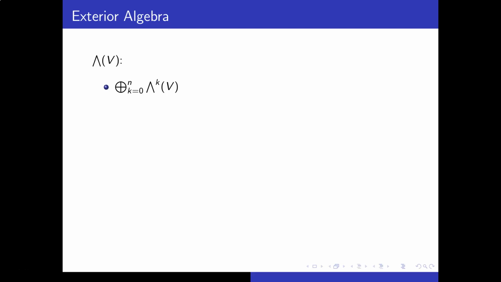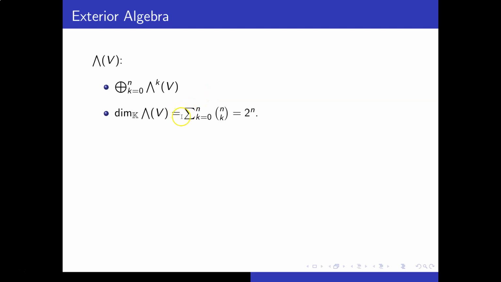Well, in particular, if k is larger than n, I cannot choose k distinct vectors from n vectors. So that means the largest exterior power is n, where I take all of the vectors from the basis into the wedge to make a basis vector. All right, so it has now only got finitely many components.